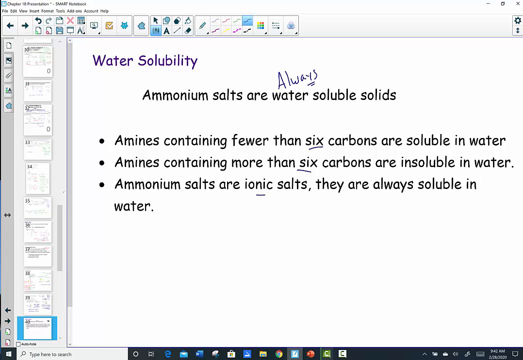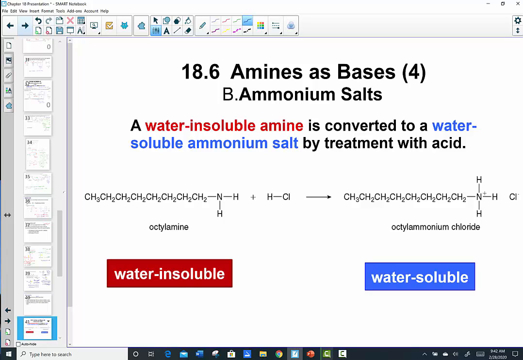And you'll be just asked to recognize, based on the structure of the amine or the structure of the ammonium salt, if it is water soluble. And as we think about just kind of an example, and there's nothing to write, it's just kind of a visual. Here we have octylamine. Do you notice that this would be 1, 2, 3, 4, 5, 6, 7, 8 carbons in an octylamine?